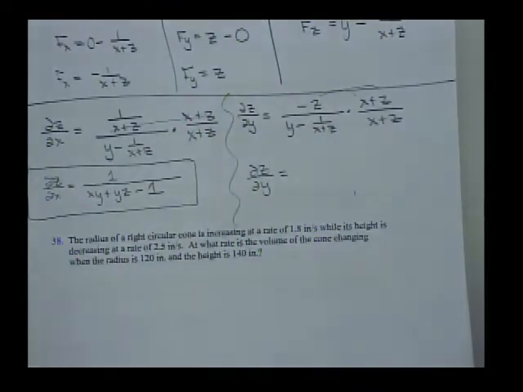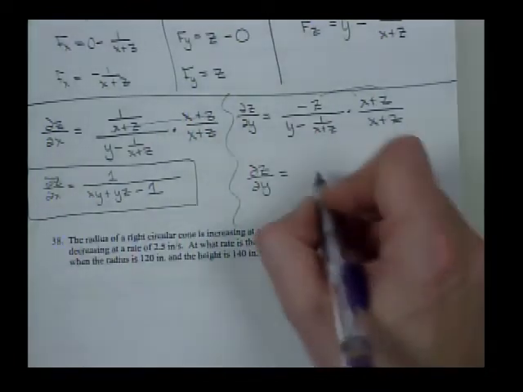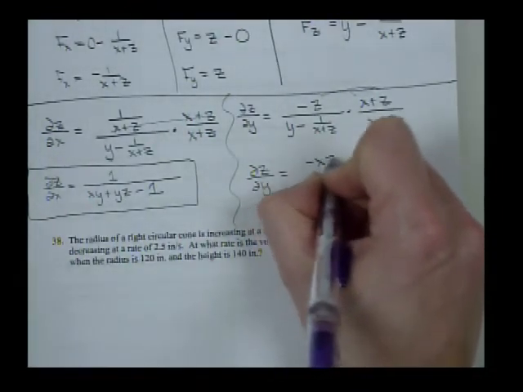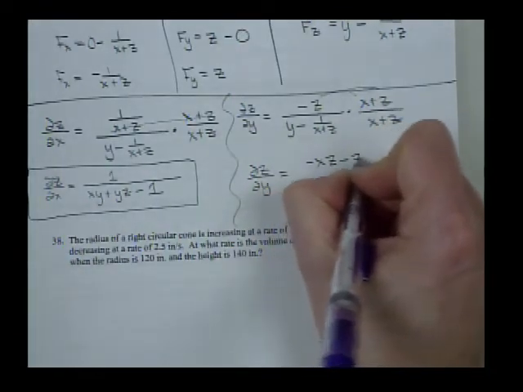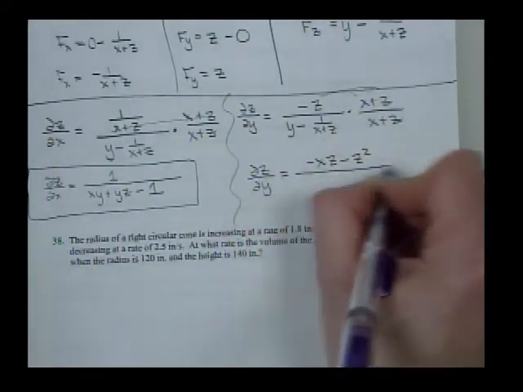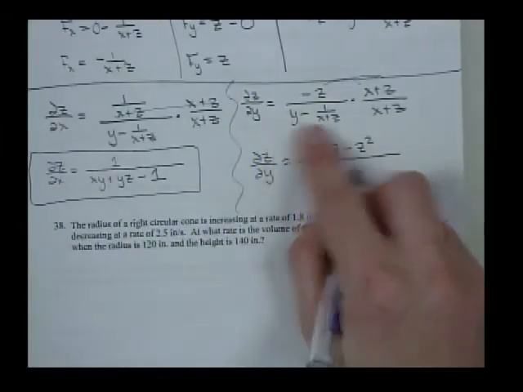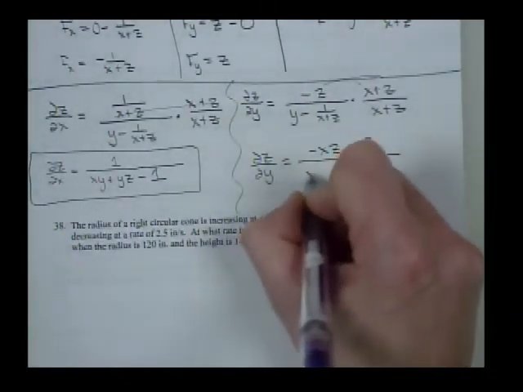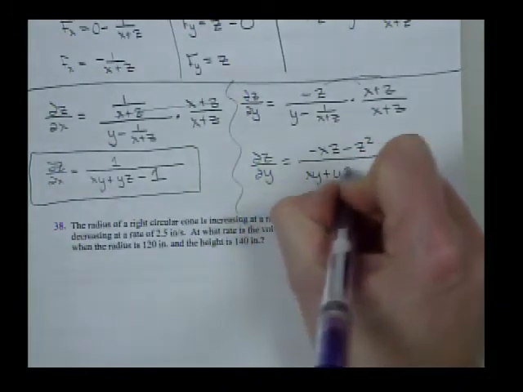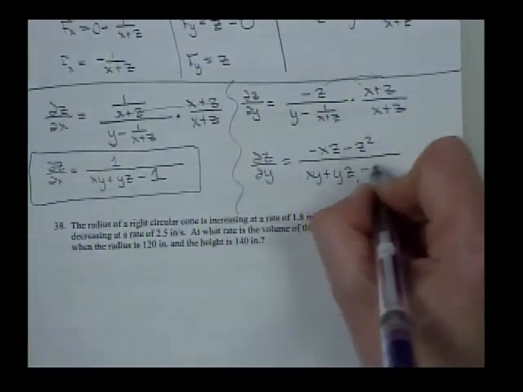So if I distribute it, I'd get negative xz minus z squared. And then in the denominator, we'd have xy plus yz. And then minus 1 again, so the denominator is the same.